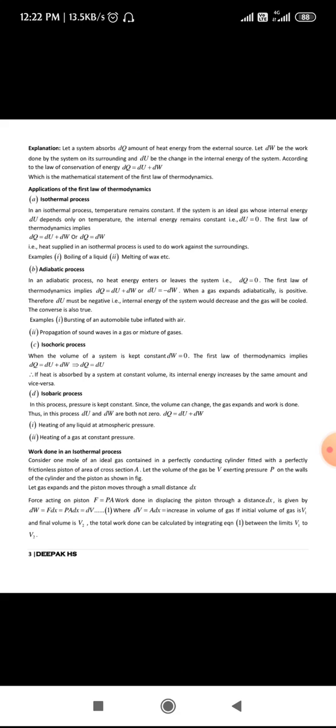So in case you have any doubts, you can ask. All the four applications of the first law of thermodynamics are important.